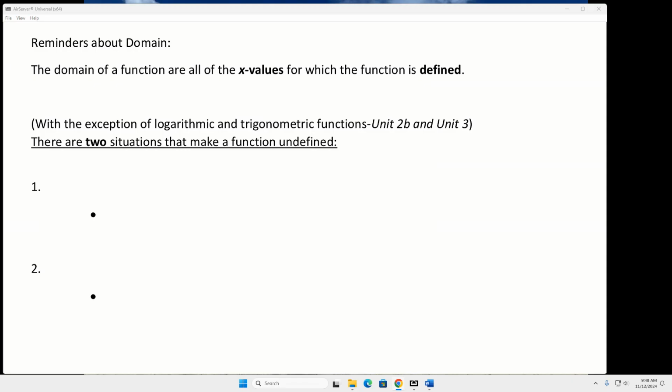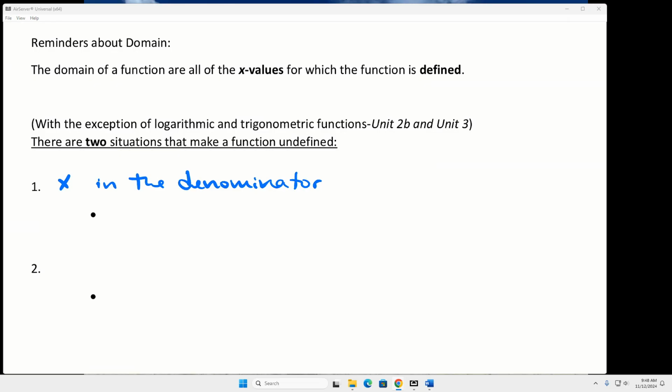0 times 0. You can do 0 times 0. You can't divide by 0. And so if you're doing these domain problems and there's ever an x in the denominator, you have to restrict the domain because that whole denominator cannot be equal to 0. So a lot of times you can just do it in your head.